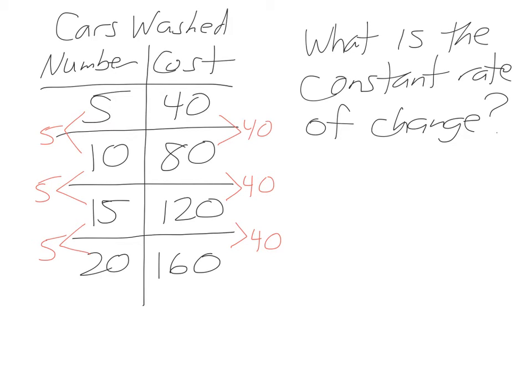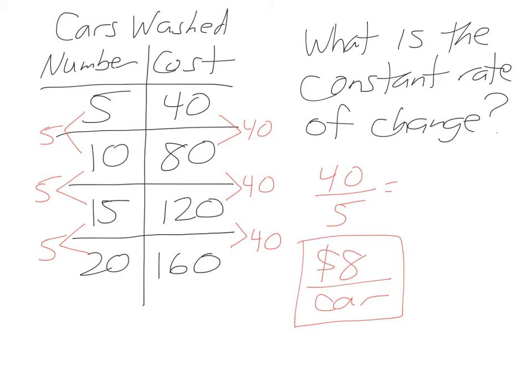So I always look at my Y value first, that's the cost, and my X value, which is per car. So I notice that it's constantly 40 over 5, or $8 per car. So my constant rate of change is $8 per car.